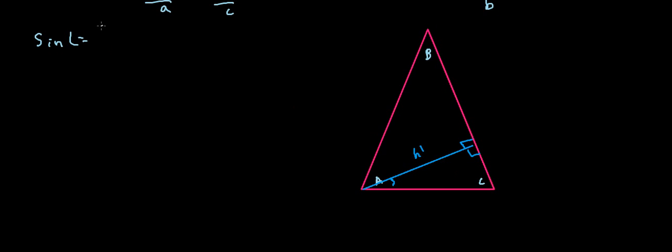So this is going to be H prime over, oh, I forgot to put the sides. This is B, C, and then A. So the hypotenuse here is B. And then this time I take sine of B, H prime over C. And it's the same thing as last time.